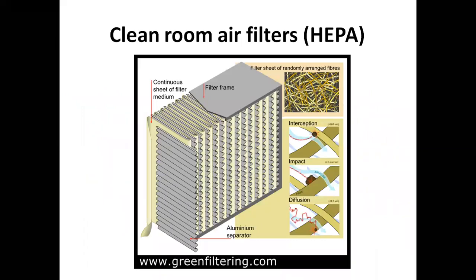Here you see the cross section of a typical HEPA filter. You could see that we have a number of continuous sheets of filter medium, and this is the aluminium separator.